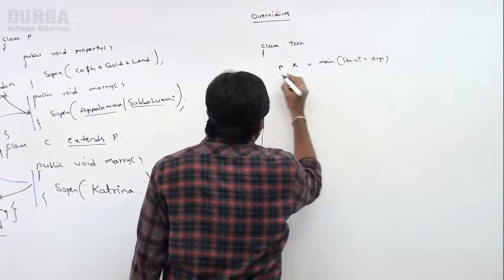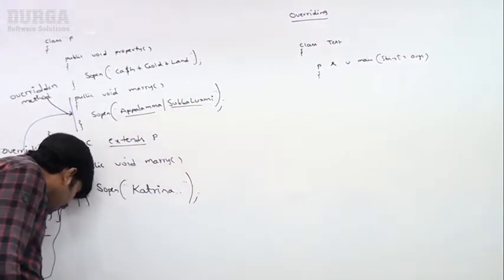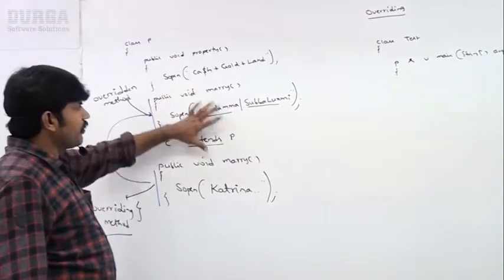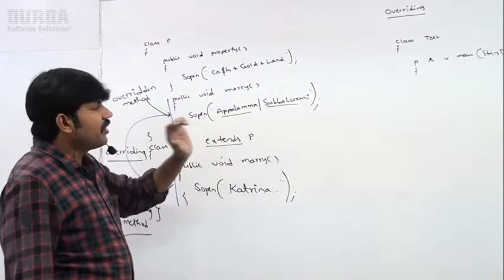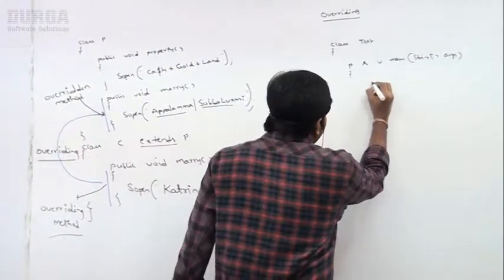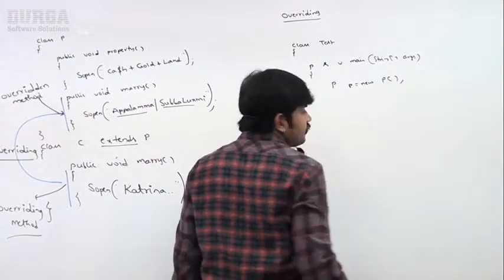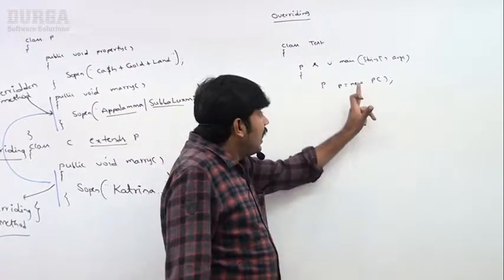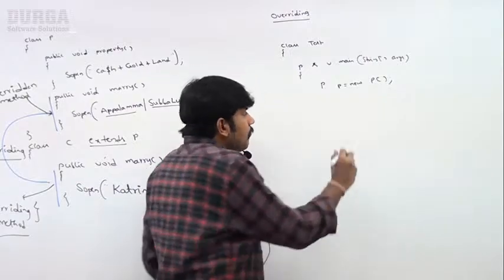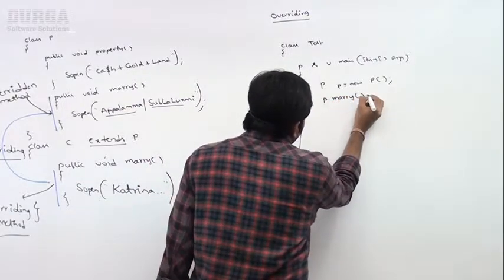I hope everyone understands the meaning of overriding. Now my target is Parent p = new Parent. Can you tell me the reference type? Parent type.